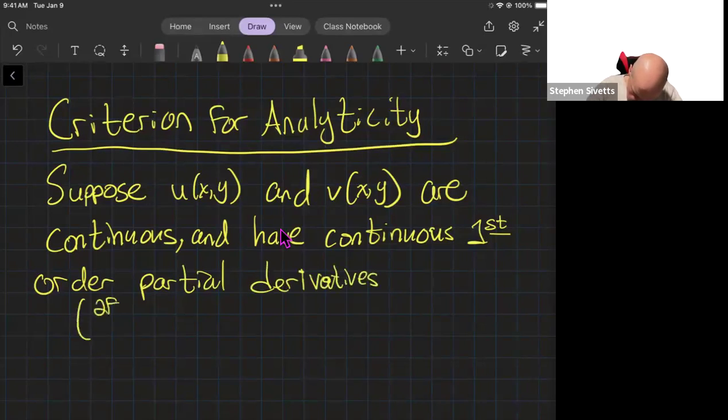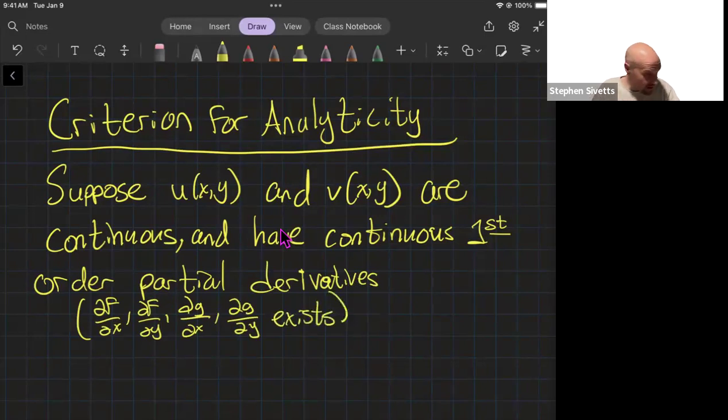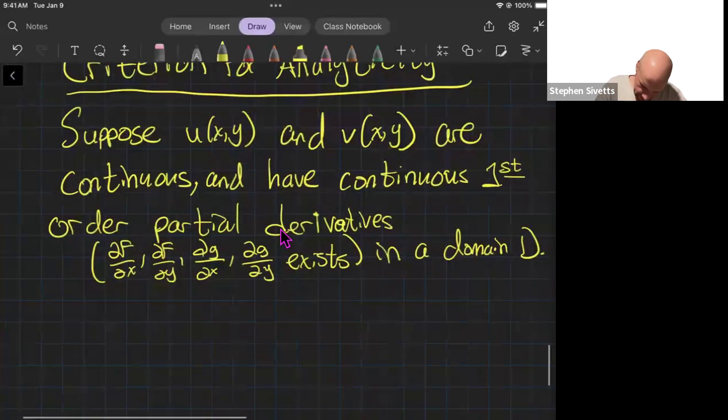In other words, the partials of u and v with respect to x and y exist. That's what that means. In a domain D.